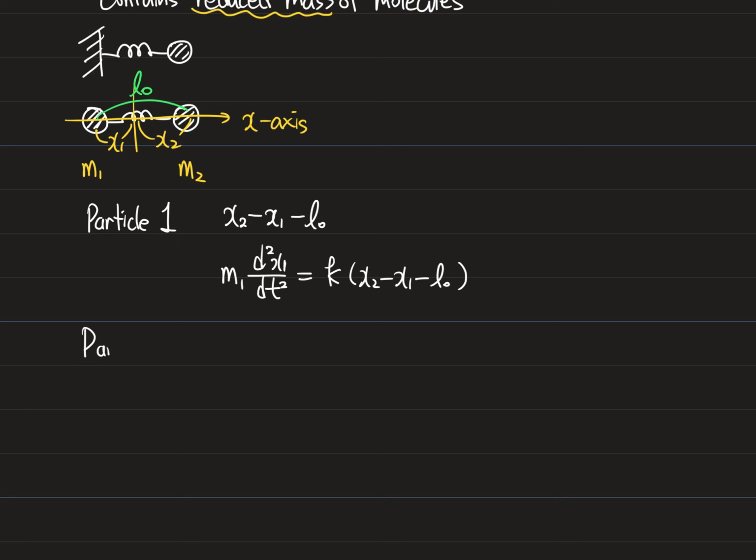And we have another particle here, particle 2. They are connected to the one spring. That means the magnitude of the force should be the same because they are connected to the one spring, but their force directions should be opposite. So the equation of motion is the same force but with the negative sign.